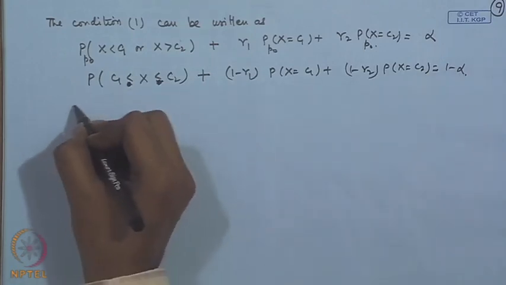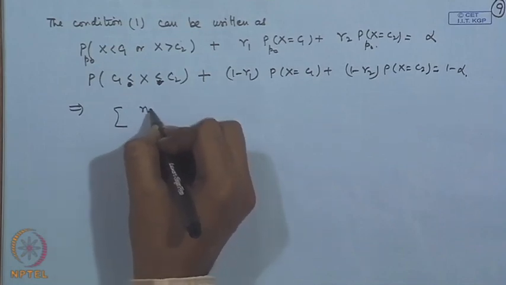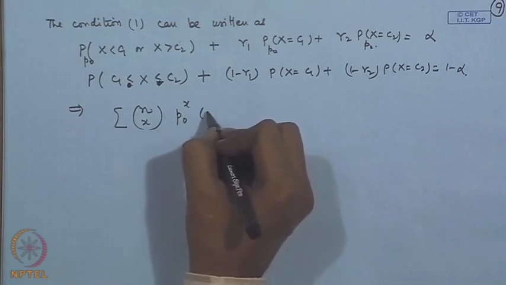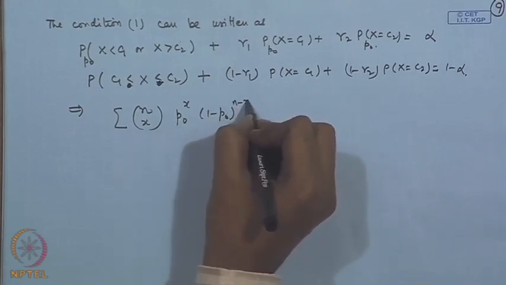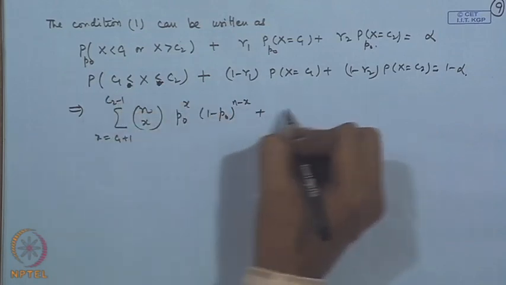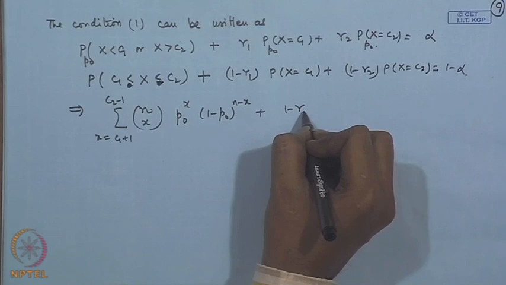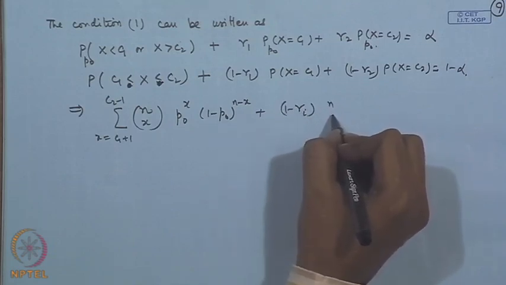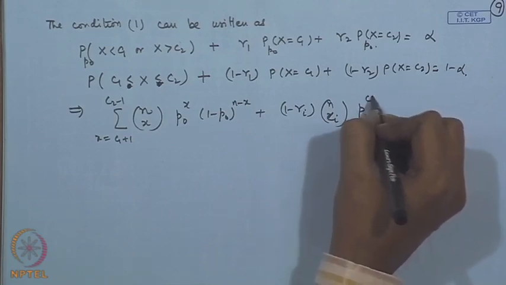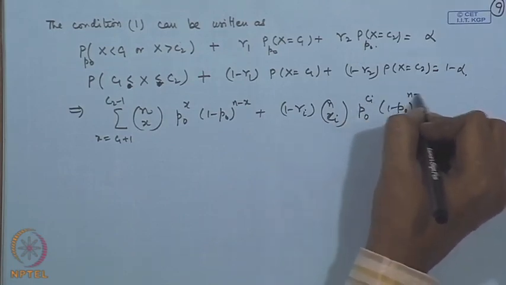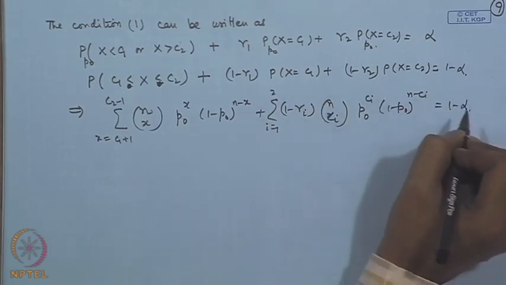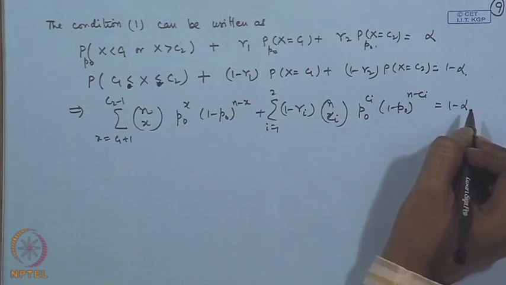So, this condition is then the sum of n C x p naught to the power x, 1 minus p naught to the power n minus x, where x is from c 1 plus 1 to c 2 minus 1, plus the sum of 1 minus gamma i, n C c i p naught to the power c i, 1 minus p naught to the power n minus c i, i is equal to 1, 2, that is equal to 1 minus alpha.